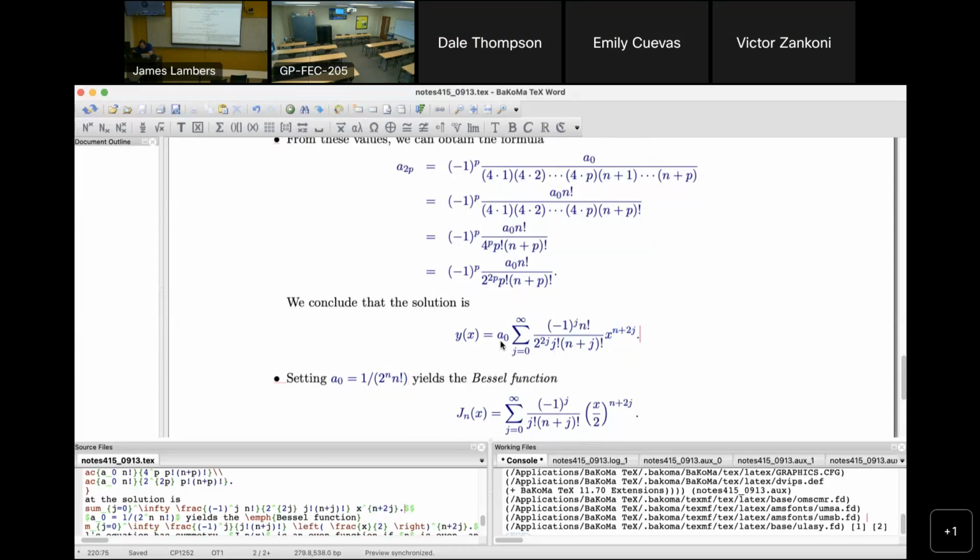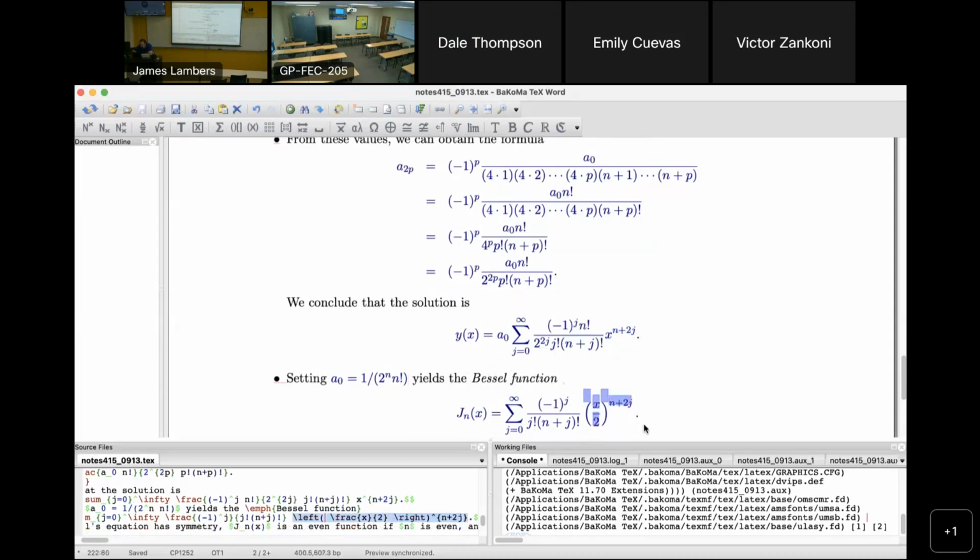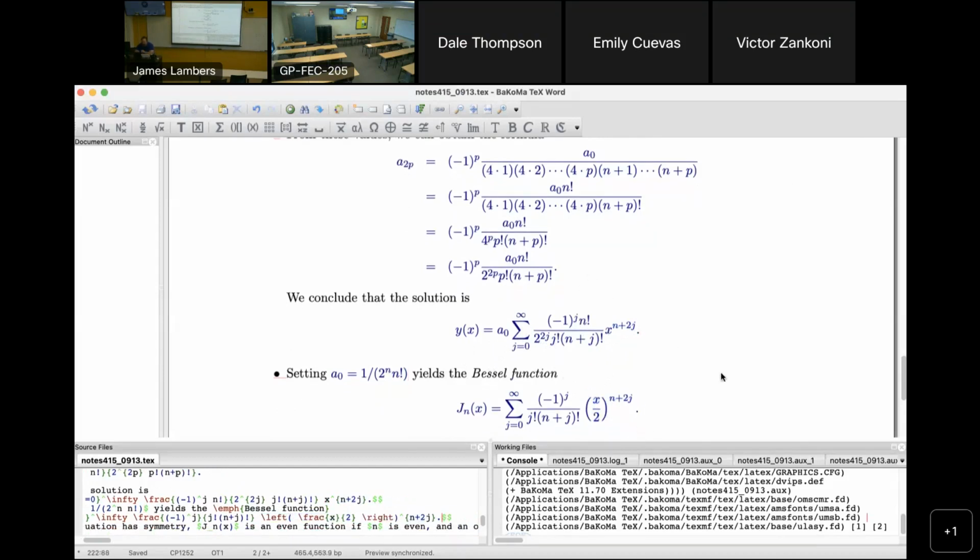So by this choice of A0, I'm going to have x to the n plus 2j up top, 2 to the n plus 2j down below. So I incorporate those into one fraction. That's the only reason I went from this to this. And that's called the Bessel function of order n. So this is a solution for each n. It is a solution to Bessel's equation.